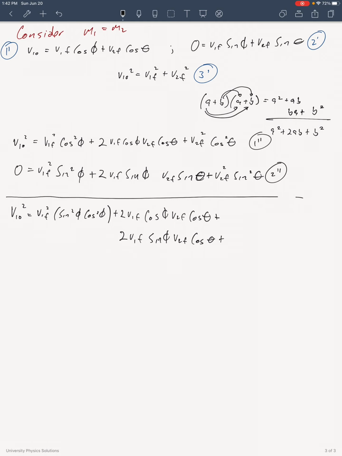Okay, and now I'm going to add the last terms, which is going to be b2f squared times cosine squared plus sine squared of theta.